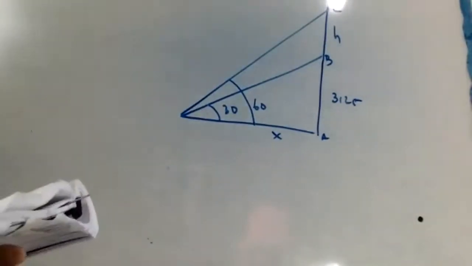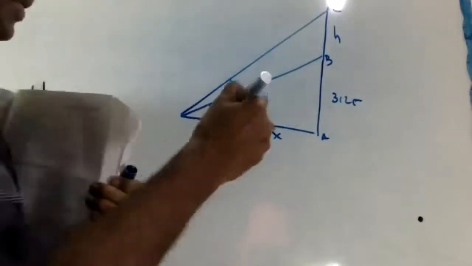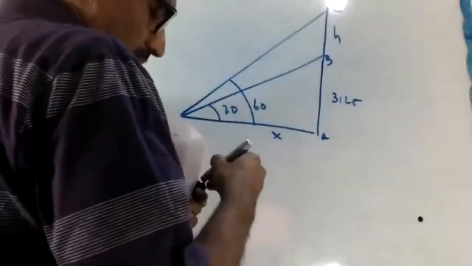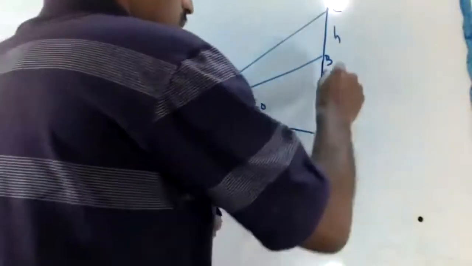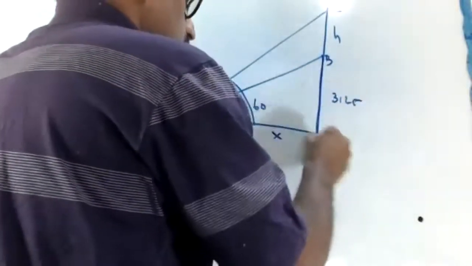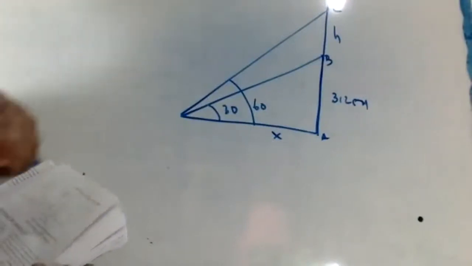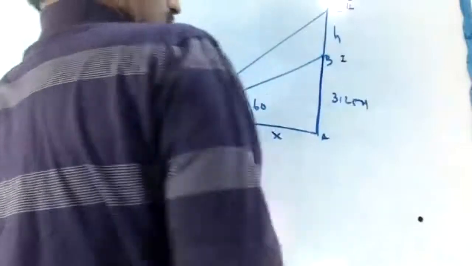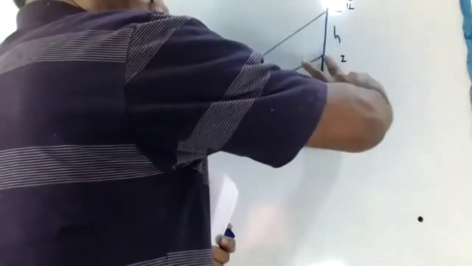Look, an aeroplane when flying at a height of 3125 meters. Okay, that time this is below another plane. This is the first plane, the second flight. Okay, this flight is when it is 3125 meter, which is below another flight.